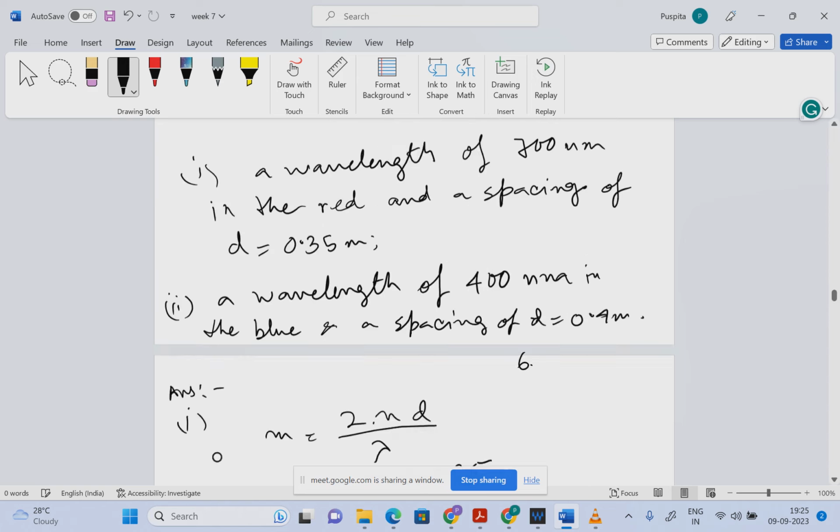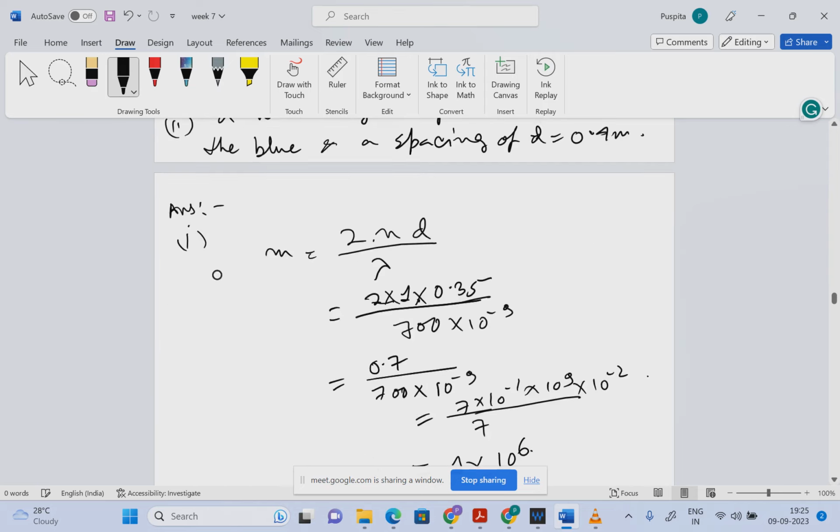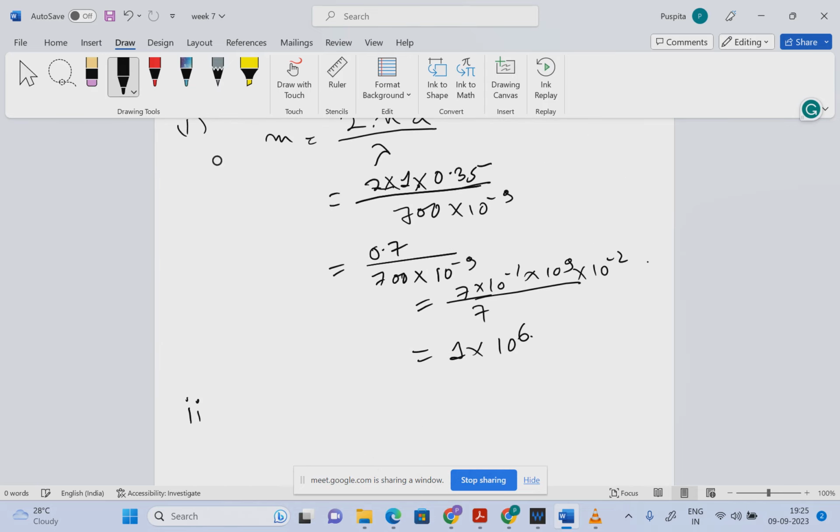For blue light, let's name them M1 and M2, with d equal to 0.4 meter and lambda equal to 400 nanometer.